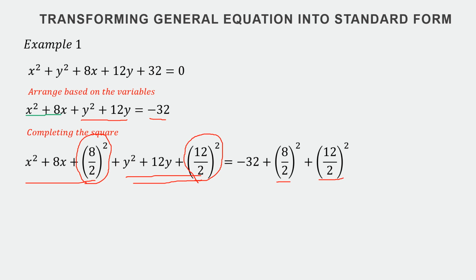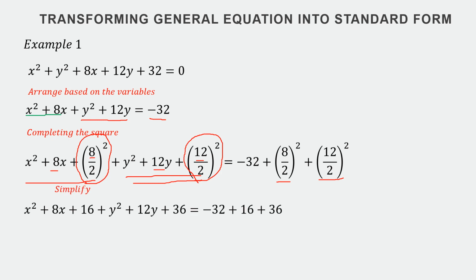So, kinukuha lang natin kung ano yung value ng b, dinidivide natin sa 2, then wini-square natin. The value of b is 12. 12 divided by 2, you have squared, and so on and so forth. Then we need to simplify it. So this would be 16, 36. So na-add din siya 16 and 36. So nagkaroon ng ganon. Okay?